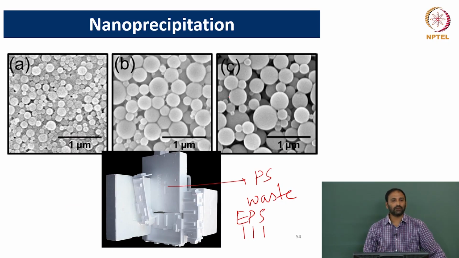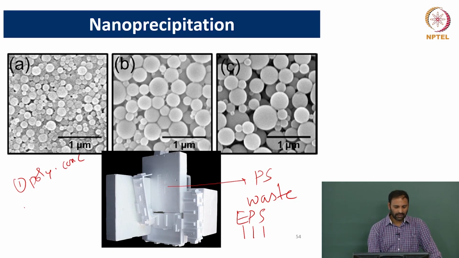And of course I can't make particles of single size. As you can see, there are different sizes. There are ways by which I can control that as well. I can play with the polymer concentration, I can play with the amount of water that I am using for precipitation, and I can play with the mixing speed.